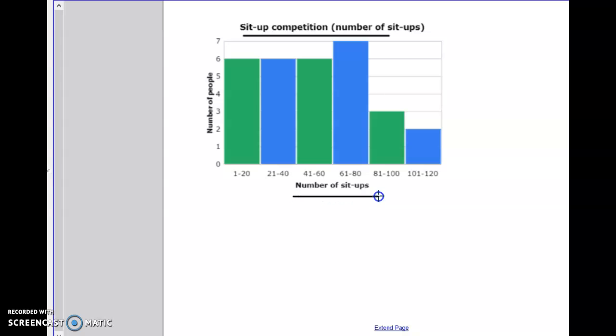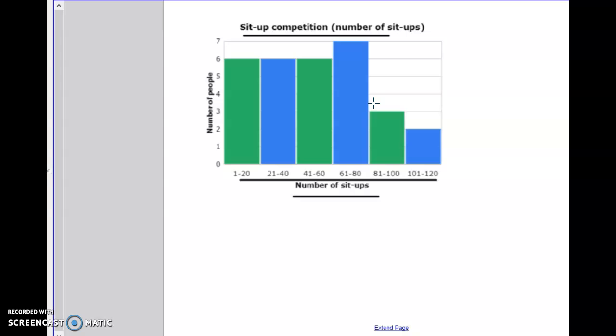On your x-axis, this label says number of sit-ups. That means all of these numbers or groups of numbers or intervals of numbers tell you the number of sit-ups. And then on the vertical axis, these numbers, 0, 1, 2, 3, 4, 5, 6, and 7, stand for the number of people.